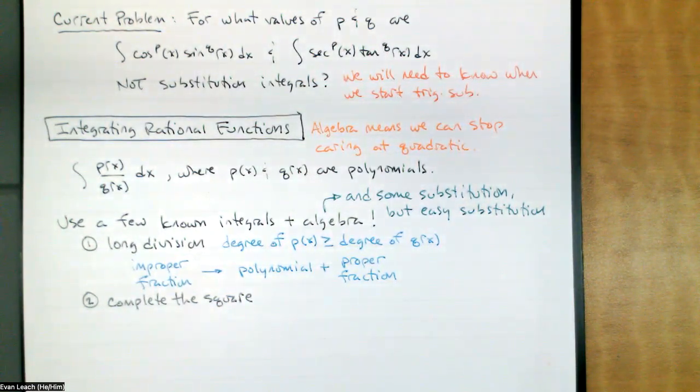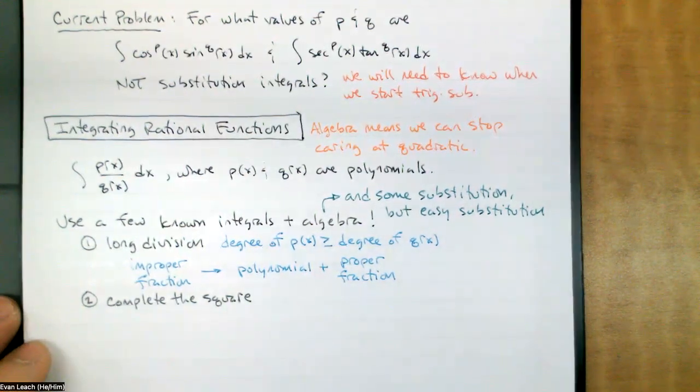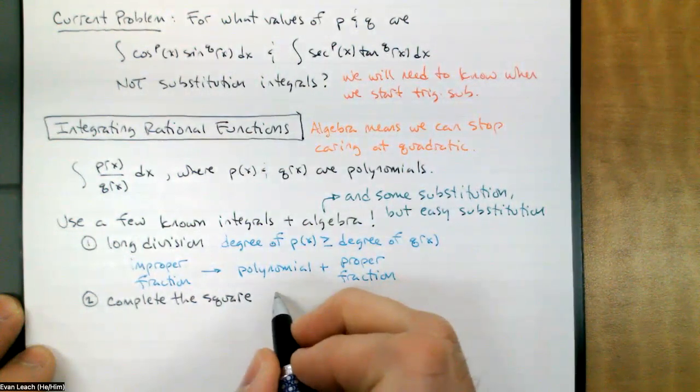Completing the square is what we're going to apply to quadratics with complex zeros, specifically quadratic denominators with complex zeros.